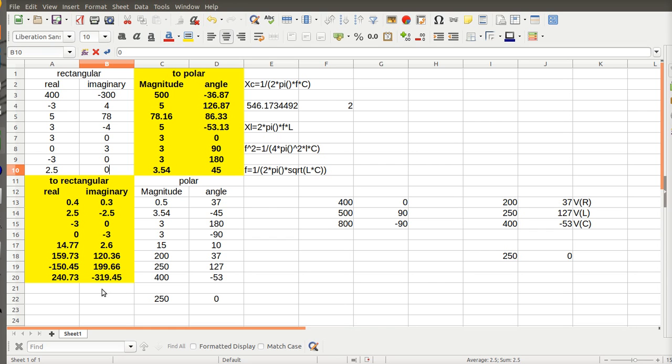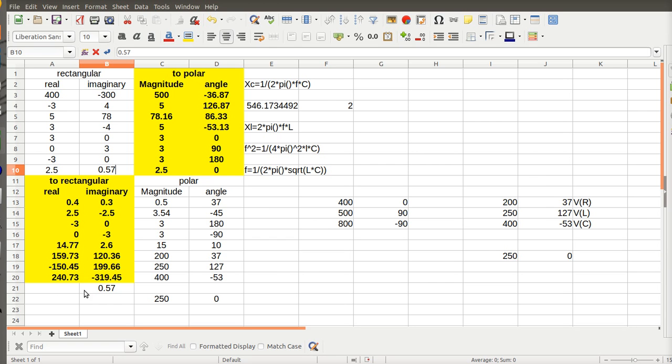Matter of fact, I think I can just sum them. Let's see. Sum of, close the window down a little bit. Will it do it that way? No. Fine. If I sum those, I get 0.57. So let's put that 0.57.